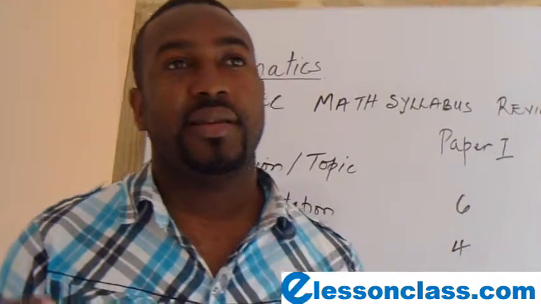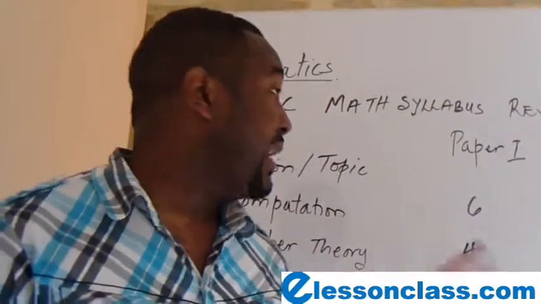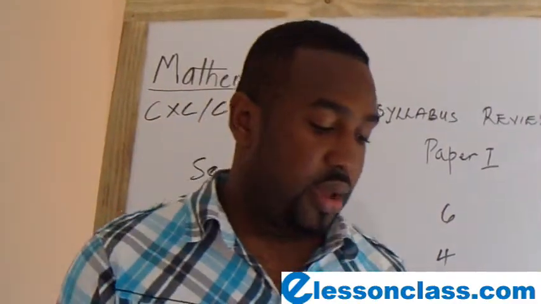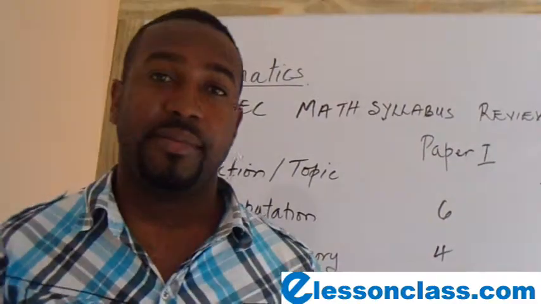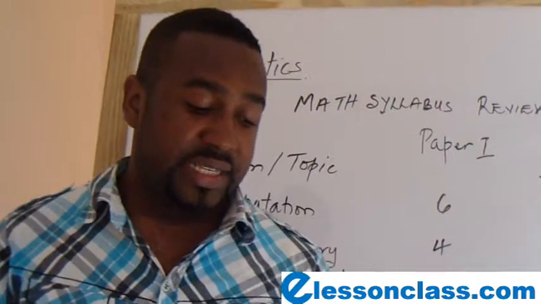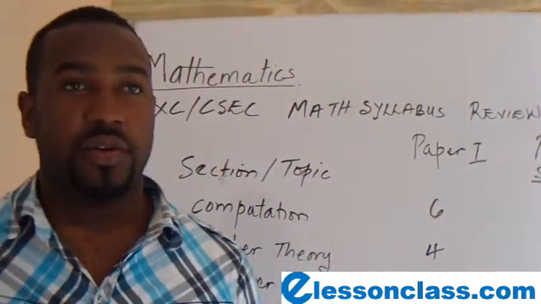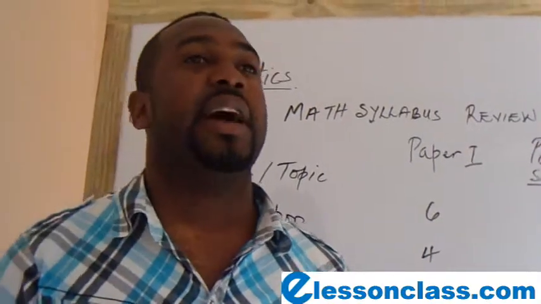Sets, or set theory, 5 marks. Now, measurement, 10 marks. Algebra, 10 marks. You can make a note of these, and then go back and double check to see that it adds up to 90.